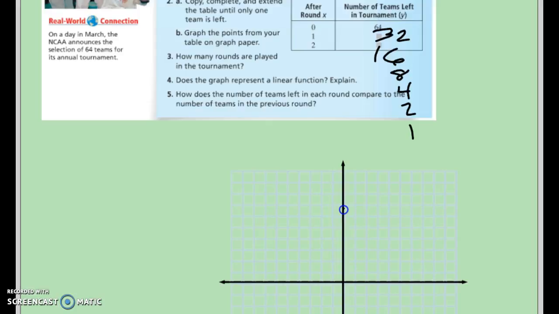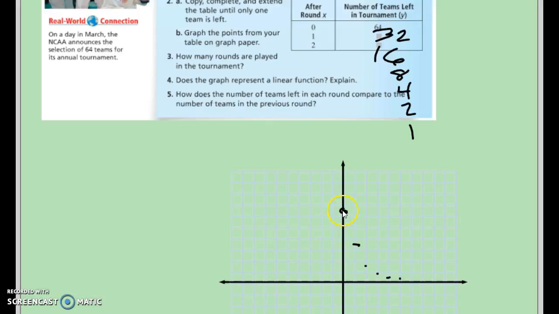After 0 rounds, I'm at 32, so right about there. After 1 round, I have 16 left, which is about there. Then I have 8. Then I have 4. Then I have 2. Then I've got 1, which is going to be really close here.